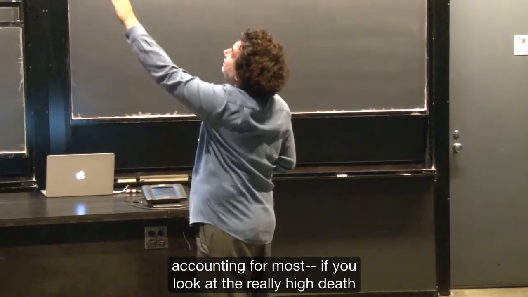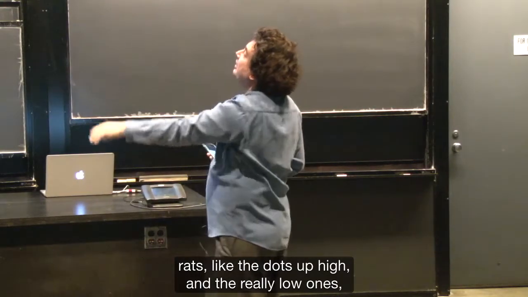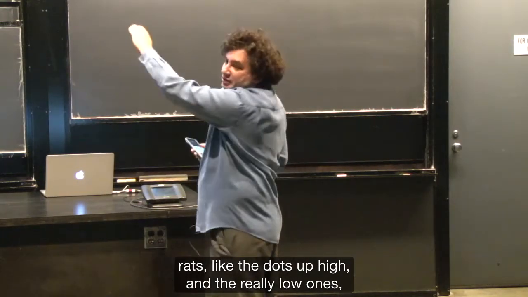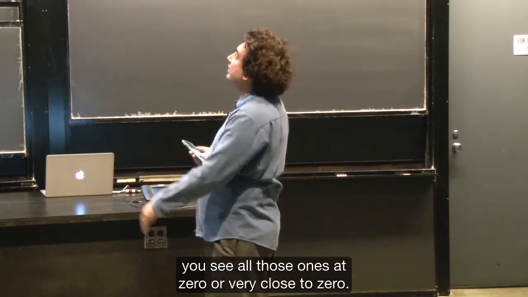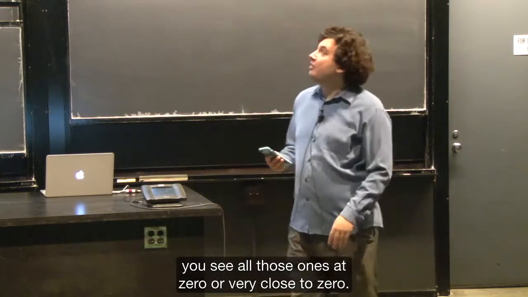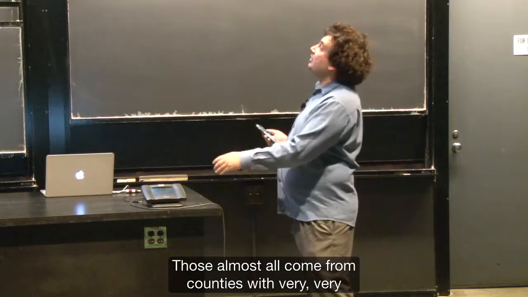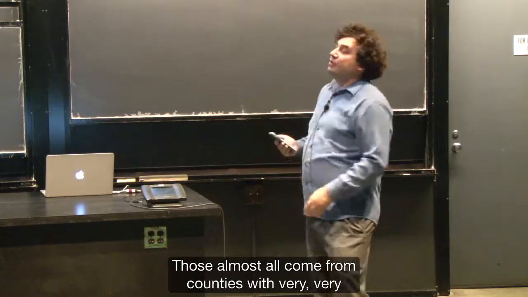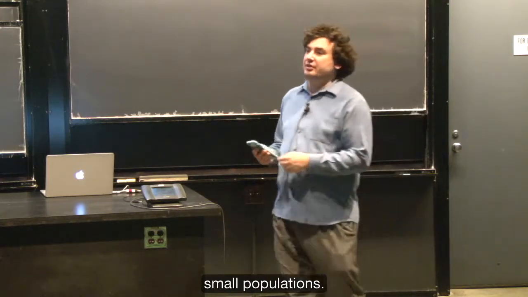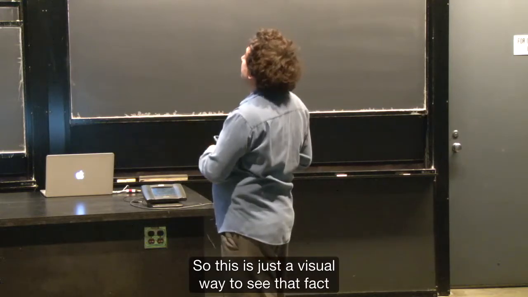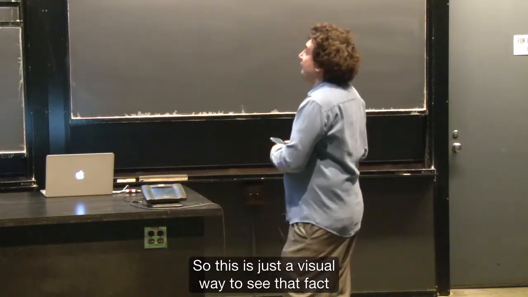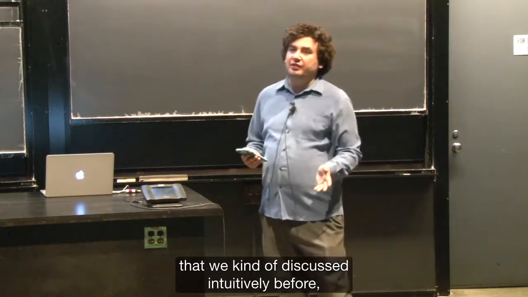If you look at the really high death rates, the dots up high, and the really low ones, all those at 0 or very close to 0, those almost all come from counties with very, very small population.